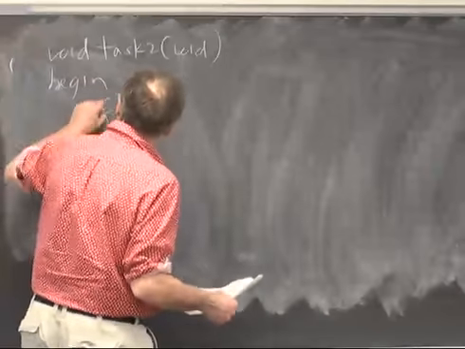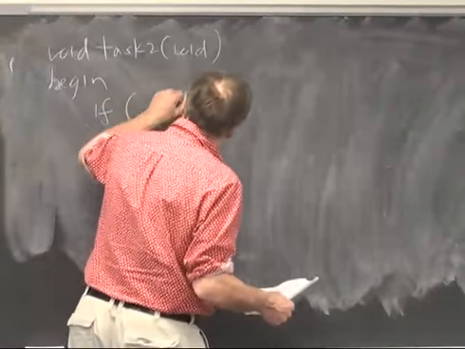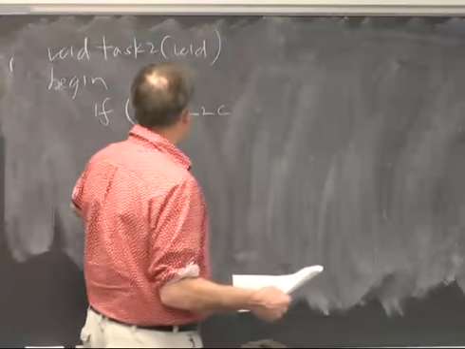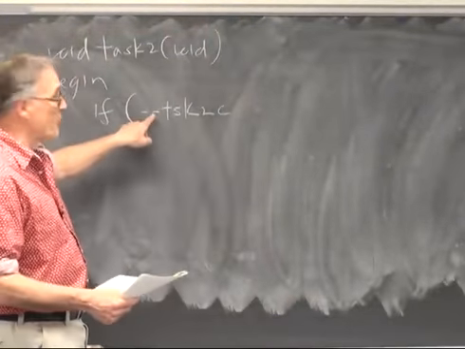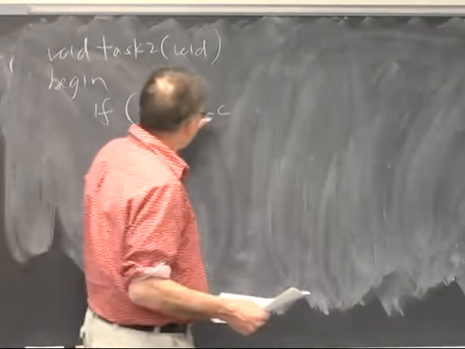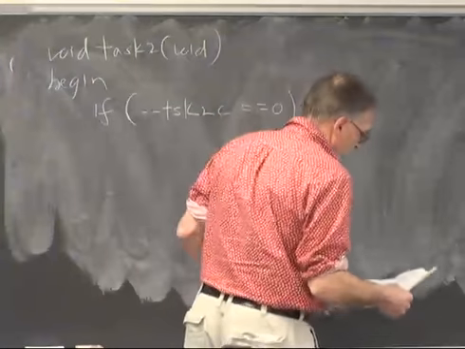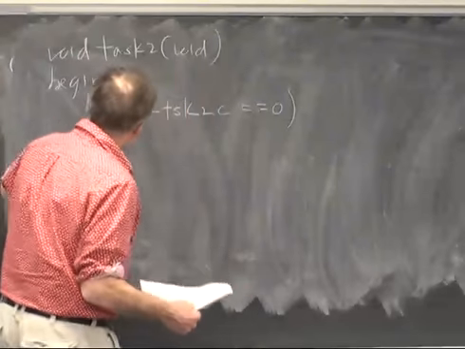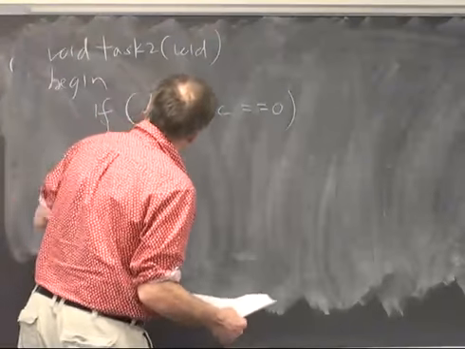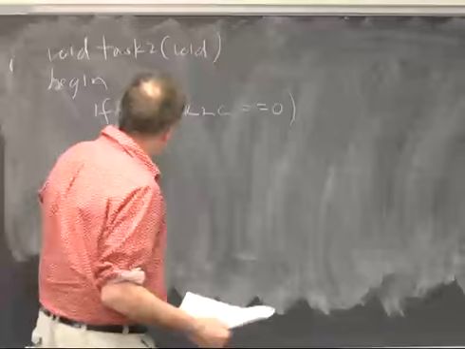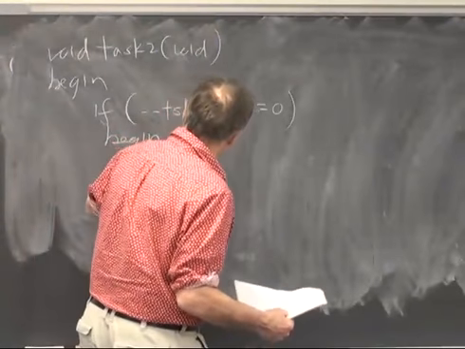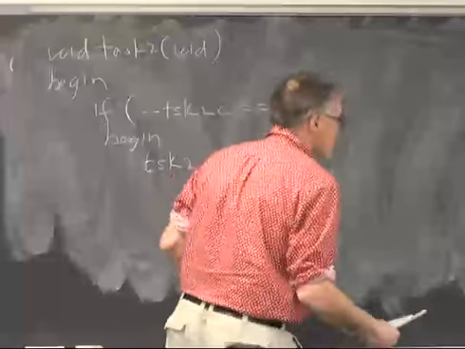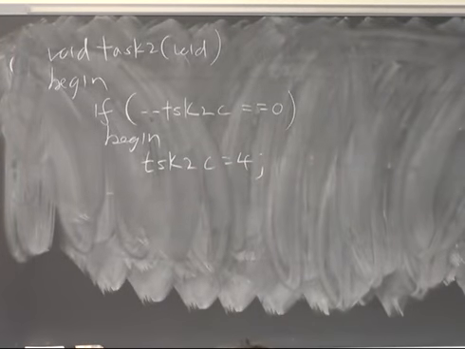So if we take the decremented value of the task 2 counter, and here we're pre-decrementing before we do the compare, equals 0, then we are going to set the task 2 counter back to 4.